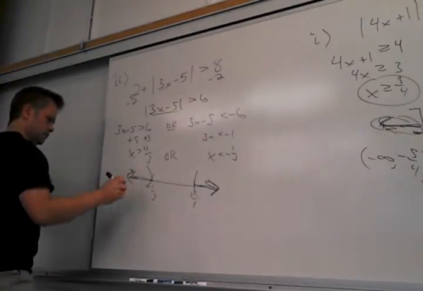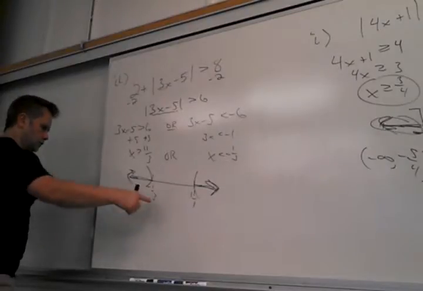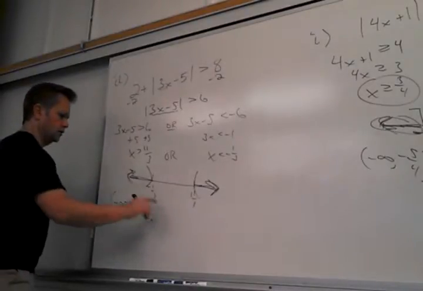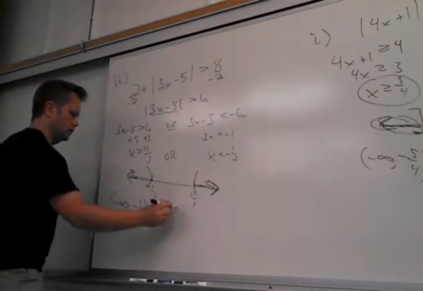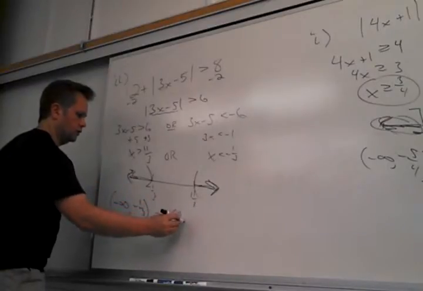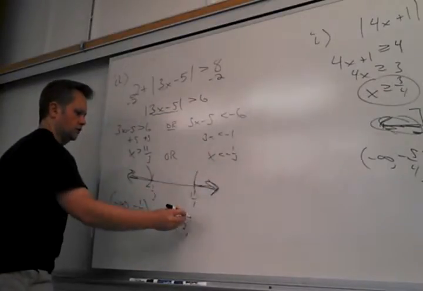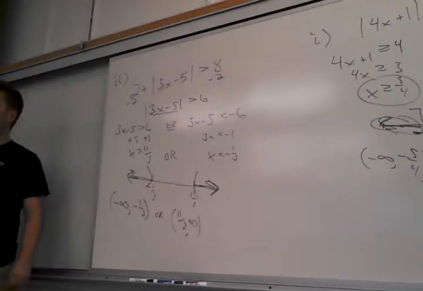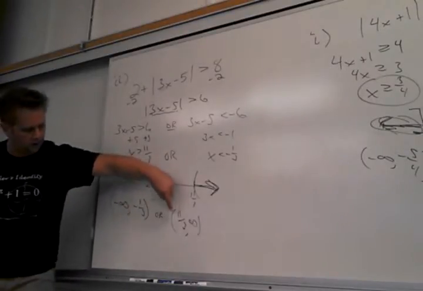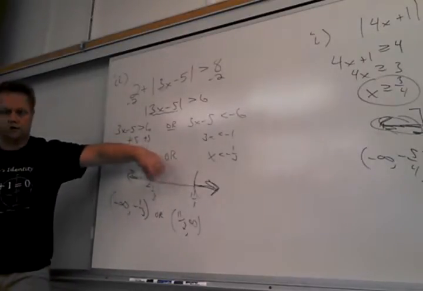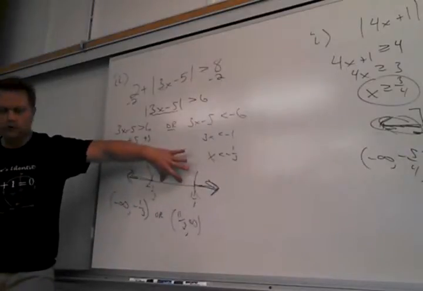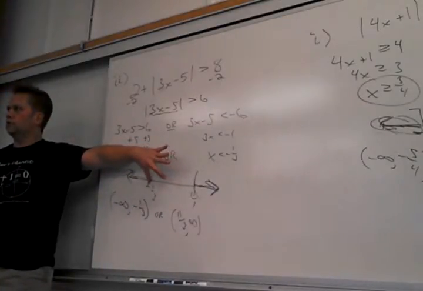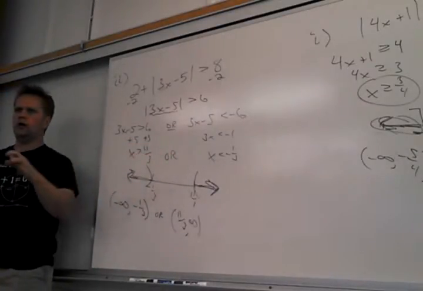It goes from negative infinity up to negative 1/3. Skip all this mess. Start over again at 11 thirds and go forever. So see, this is the middle. This middle part is skipped. That's not part of the answer. So from negative 1/3 to 11 thirds, not part of the answer.